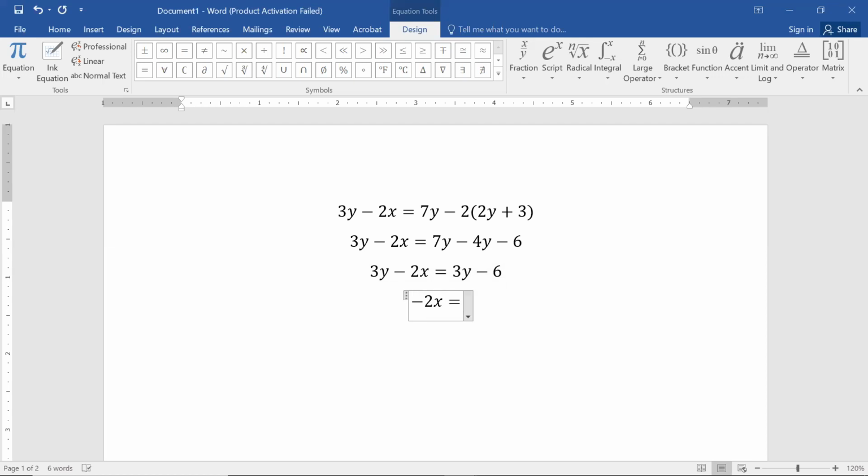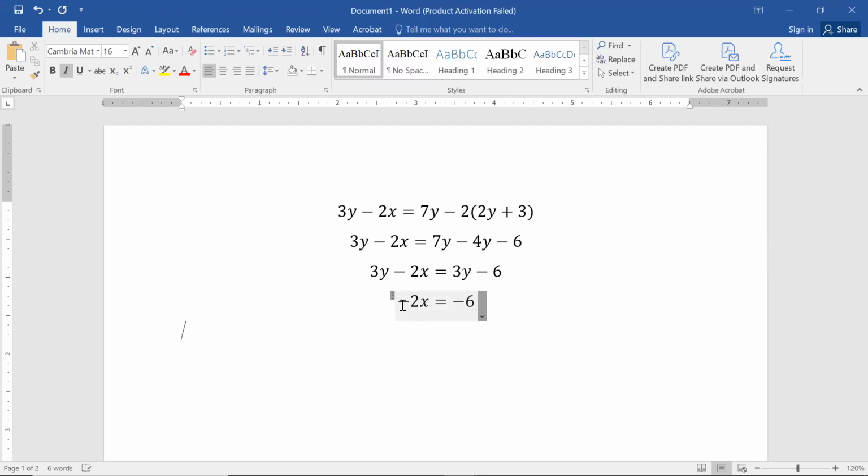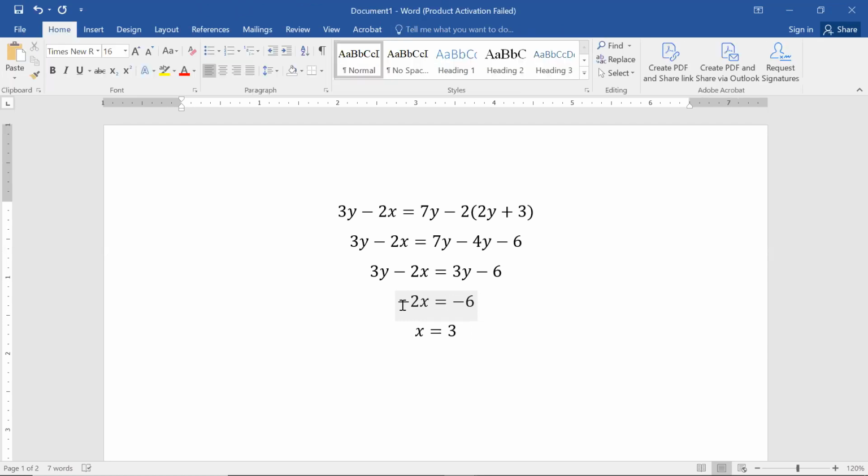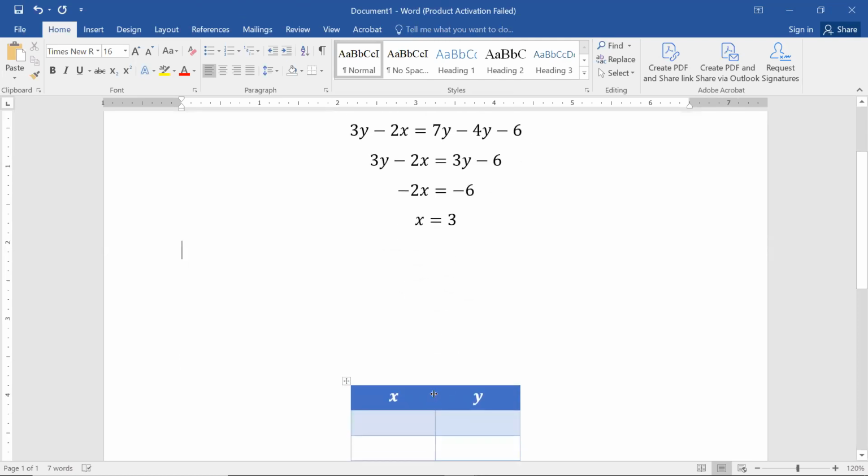On the right, if I subtract 3y, I will cancel out the 3y and just get -6. And the only thing we can really do is divide both sides by a -2, which gives me x is equal to 3. So x is equal to 3.